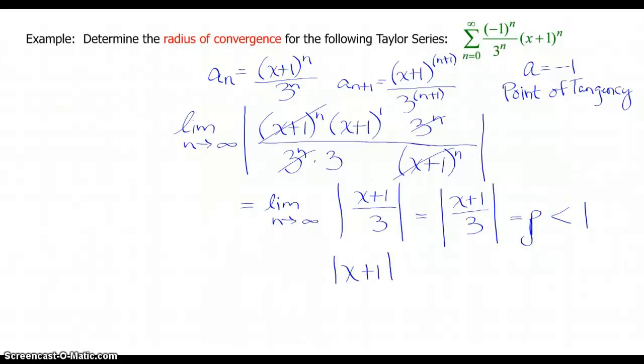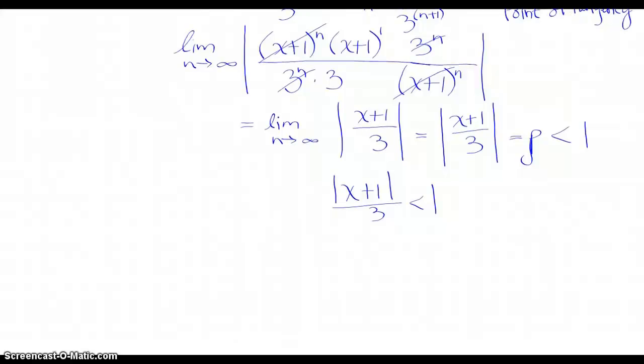So, just as I did before, positive 3 is just going to yield me positive 3. I'm only going to keep the absolute value marks around the x plus 1 term. I'm going to multiply both terms by 3. And that cleans it up. And this is my radius of convergence.